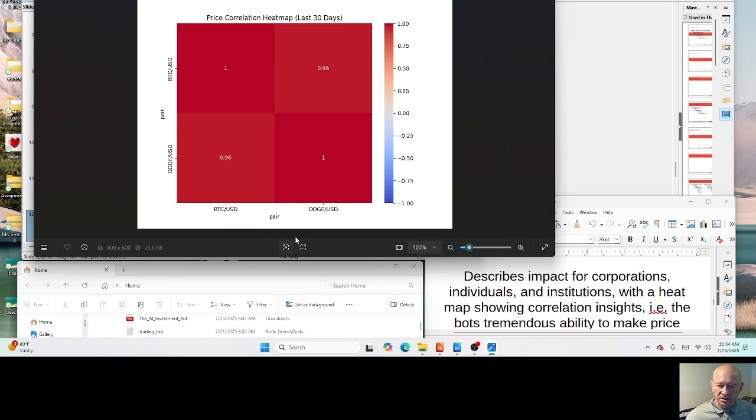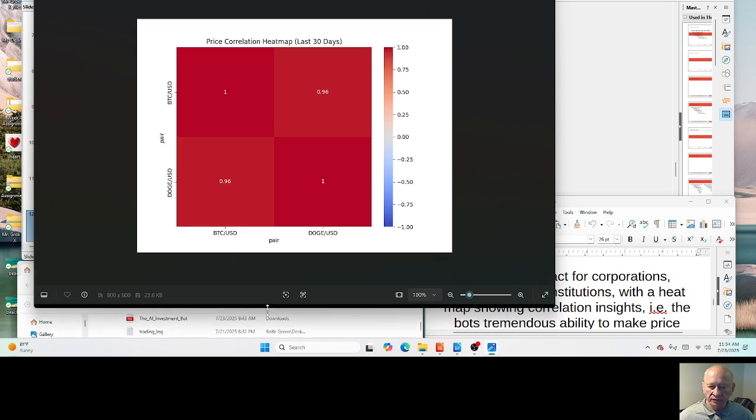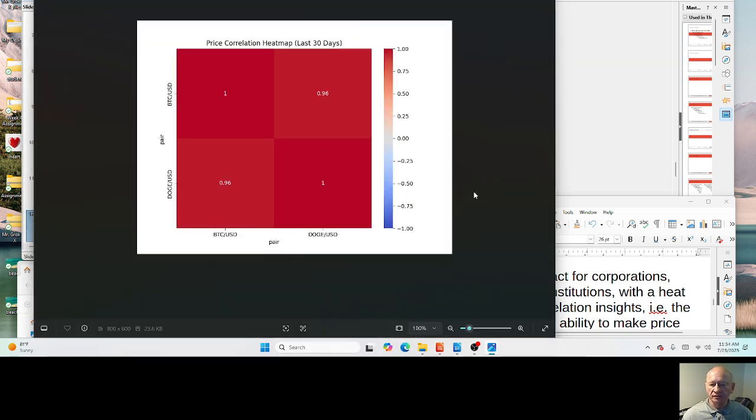And it shows in this case a 96% correlation between the bot predicted price and the actual market price for BTC. It also shows Doge and Bitcoin having that high correlation relationship. There you go. That's a little better. Okay, let's get back to the presentation where we see the heat map showing high correlation of the Bitcoin and Doge USD prices.